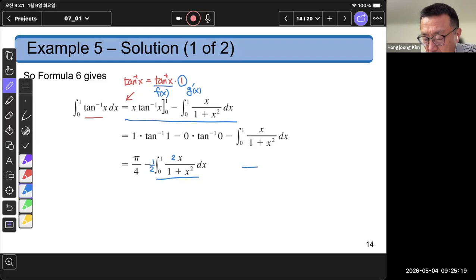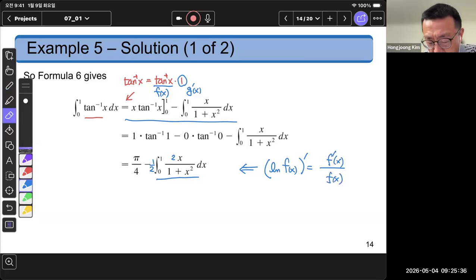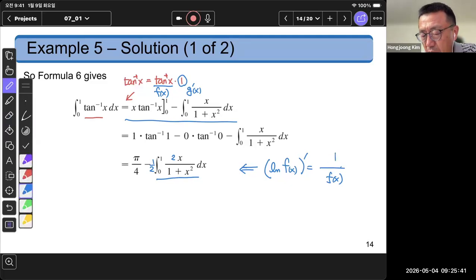And then I used the fact that the derivative of 1 plus x squared is 2x. So please remember that for ln f of x, the derivative is f prime of x over f of x. If this is not clear, the derivative of the logarithmic function gives 1 over f of x, and then by the chain rule, I need to multiply by the derivative of f of x.